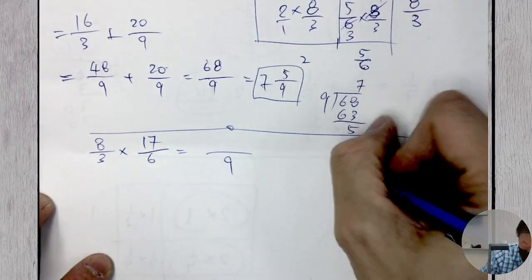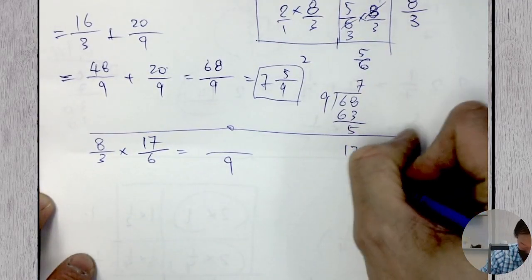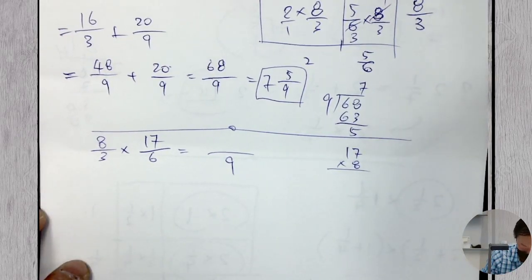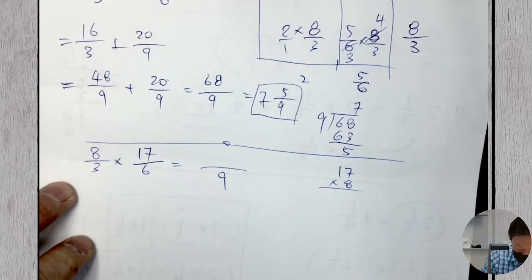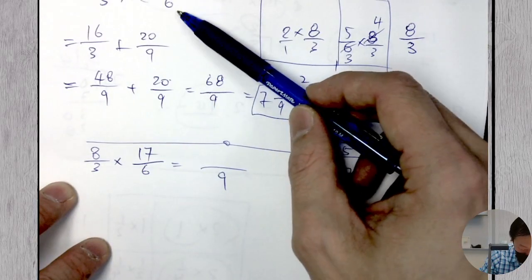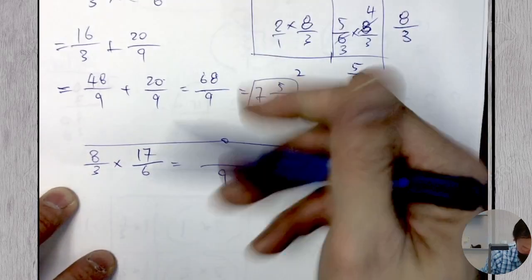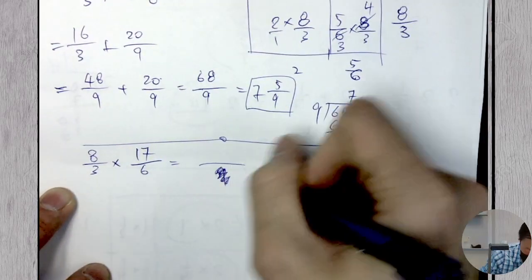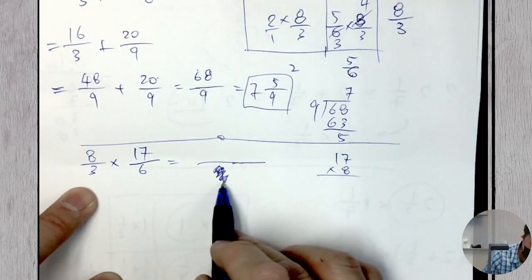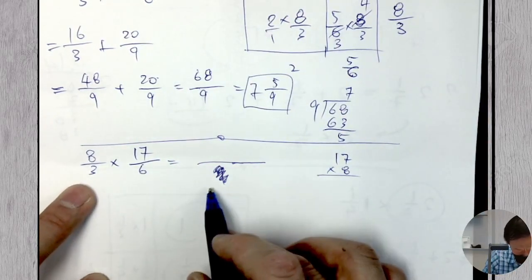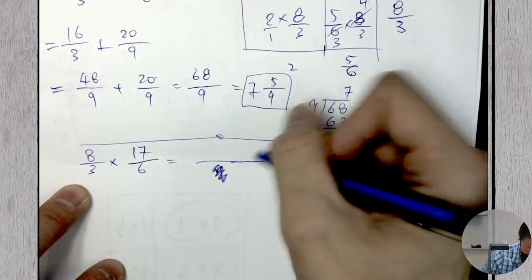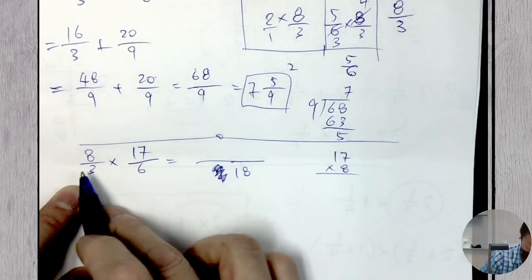Okay, so we've got 17 times 8. Did I make some mistake here? The bottom one, you reduced it by 3, right? No, I mean like a 6 divided by 2. Is that why you got 9 down there? Oh, sorry about that. Yeah, Mr. Chen is not thinking. I'm not supposed to add them, right? Say, hey, this is wrong. I'm supposed to multiply them. At the bottom should be 18. There we go.